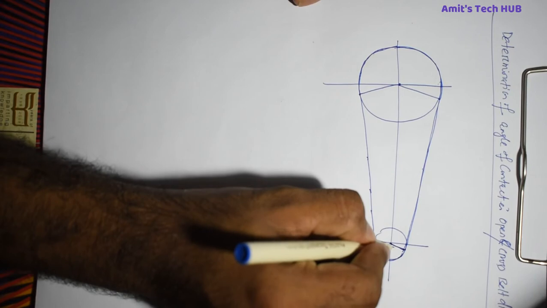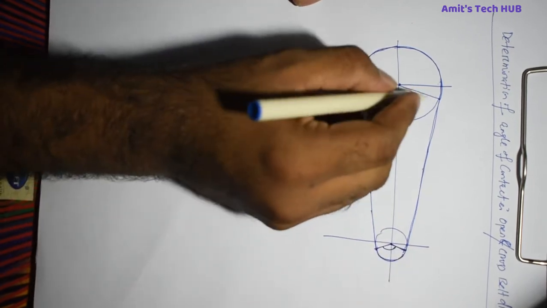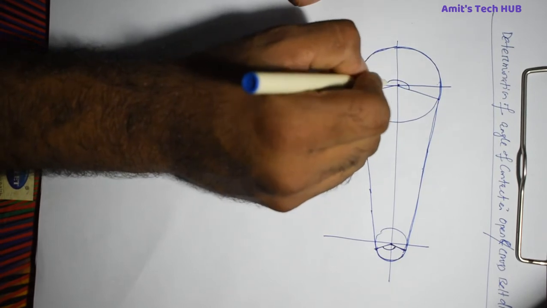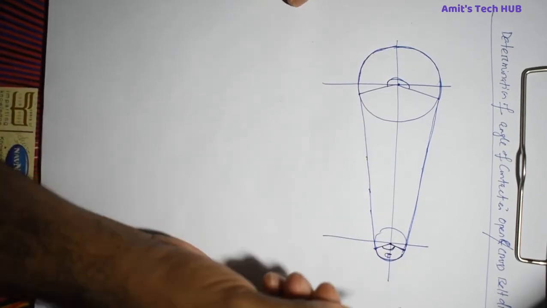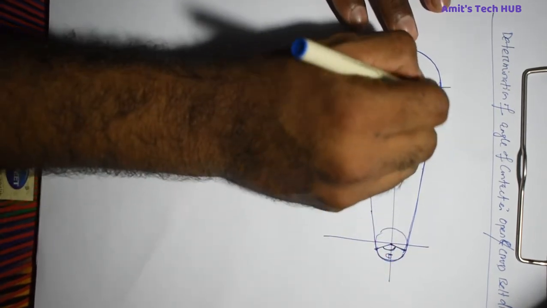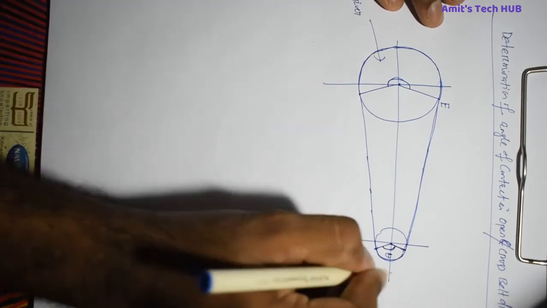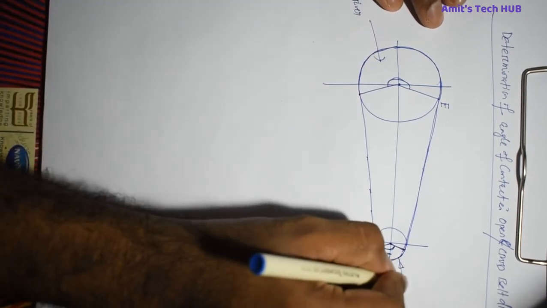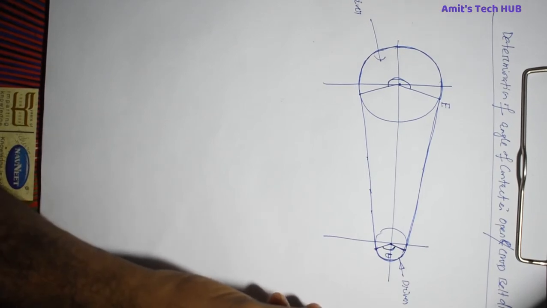So this is the angle of contact, let it be theta. This is the driver and this one is the driven. Angle of contact is always important in the driven, remember that.